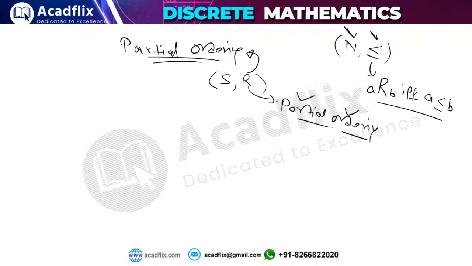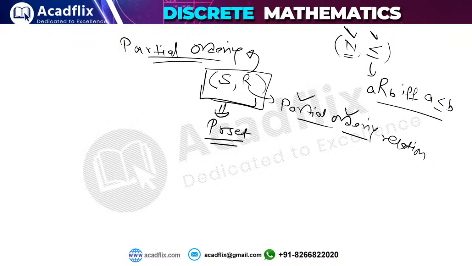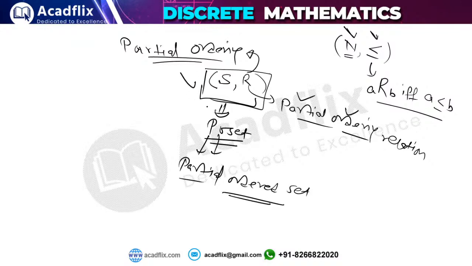This complete thing, this base set along with this relation, like the set of natural numbers along with the less than equal to relation, this complete pair is known as POSET, partial ordered set. So this is the full form of POSET.